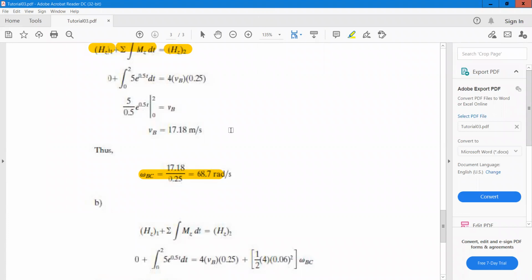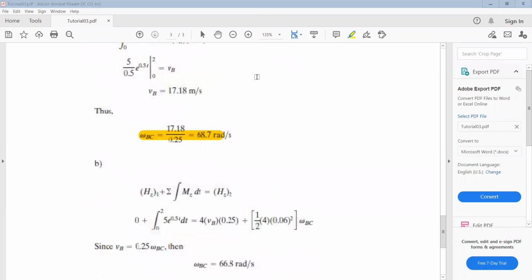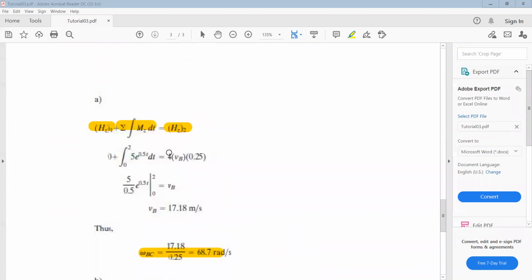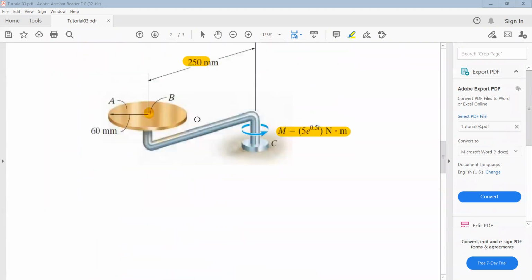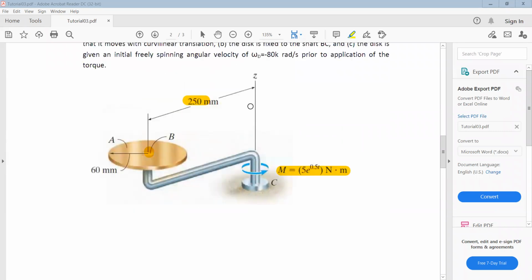Okay. For part B, no, VB is not the same as omega. I told you, assume that this disk is rotating about axis Z with angular velocity omega, we know that the velocity of the mass center, this point B, is equal to 17 meter per second.